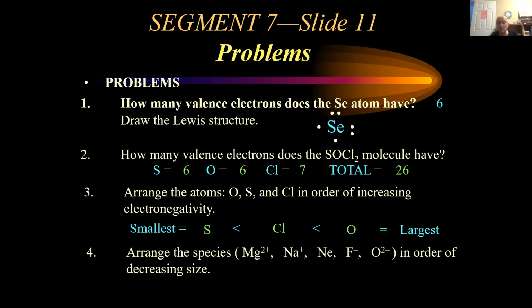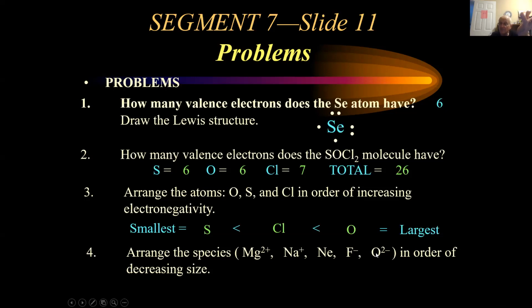Now, which one is bigger? Well, let's think of it this way. Let's do the smallest one first. They've all got 10 electrons, but magnesium's got 12 protons. So 12 protons pulling 10 electrons are going to pull them in tighter than 9 protons in sodium would pull the 10 electrons into it.